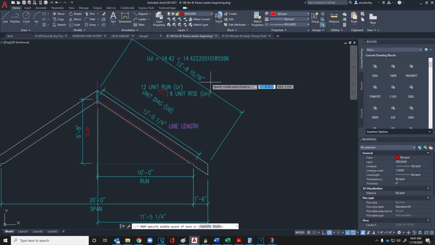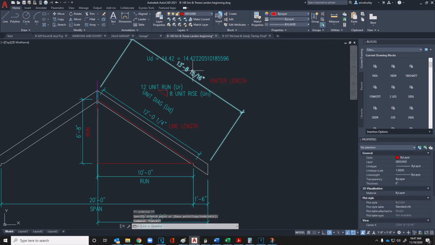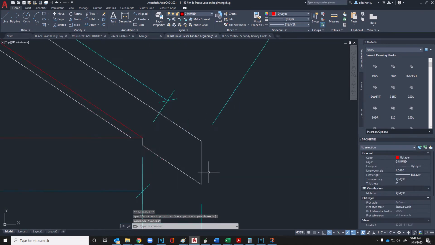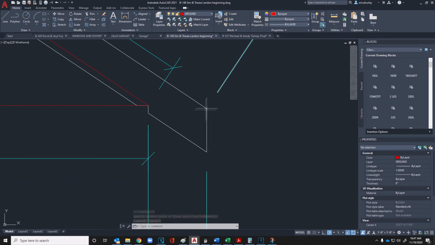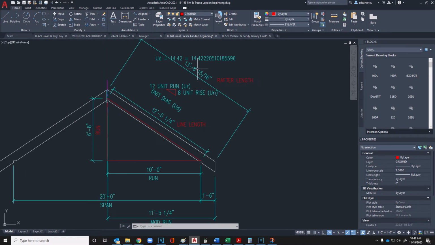All right, and I'm going to explain to you a little bit more what I'm talking about. Rafter length. I don't know why this thing runs backwards like that. Oh, because it's figured up for center. Okay, so that's my rafter length. But if you'll notice, I've got a little point back here that's not exactly right. So if I needed to find a board, I can't use 13 feet, 8, and 15/16.